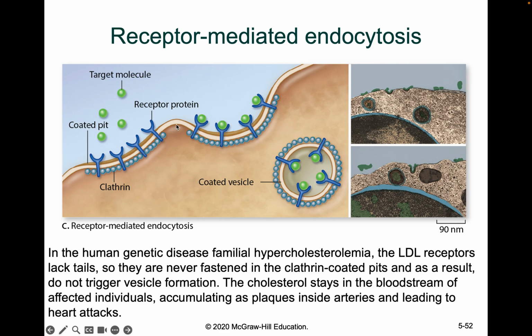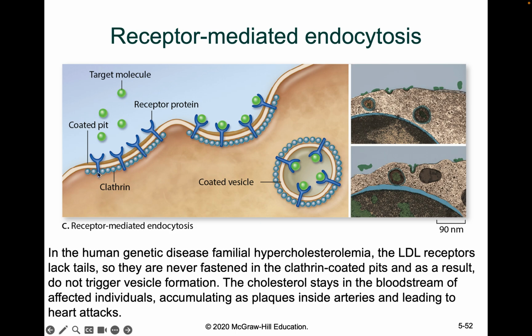This happens a lot with cholesterol. We have LDL receptors, low density lipoprotein receptors, and these are very important in taking up cholesterol to be digested in the liver or further processed. There is a very famous genetic disease called familial hypercholesterolemia. By the name you can see it's a genetic disease that runs in families.